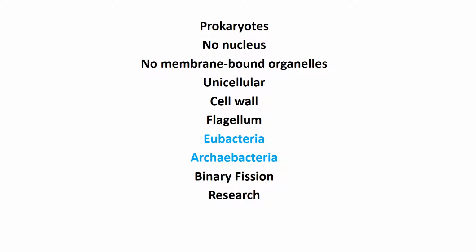All prokaryotes belong to either the kingdom Eubacteria or the kingdom Archaebacteria. And prokaryotes, almost all of them, reproduce through binary fission. And because of their simple cellular structure and their short lifespans, prokaryotes are frequently used in research.